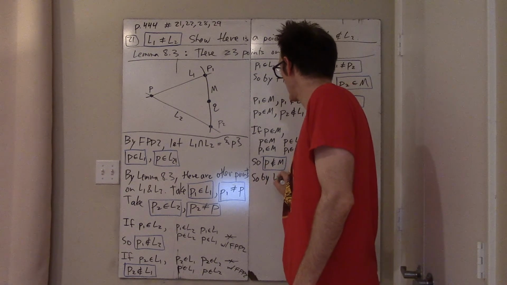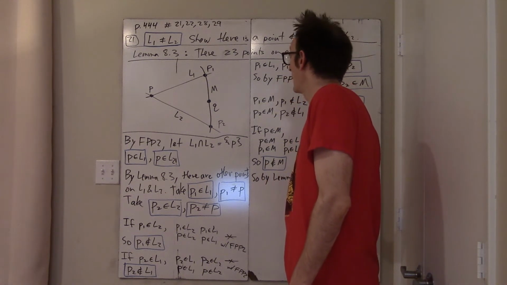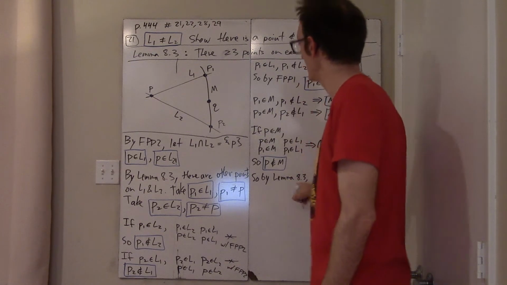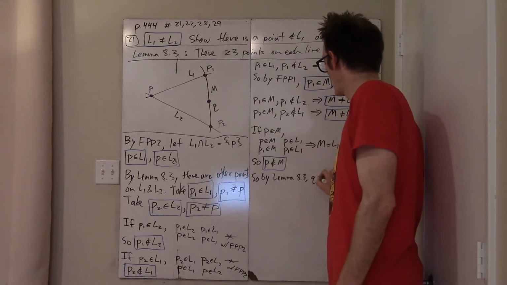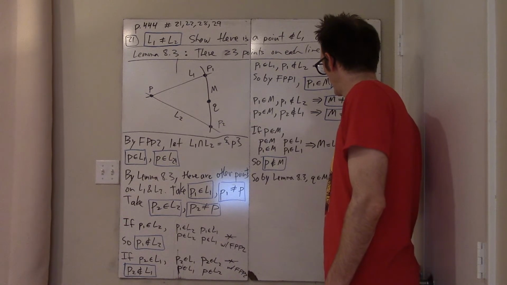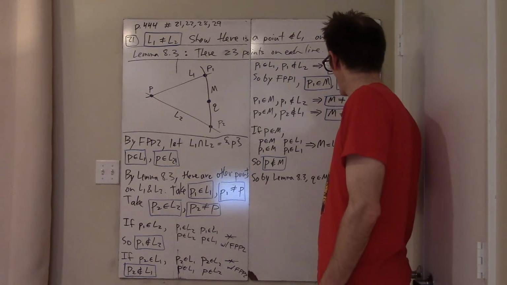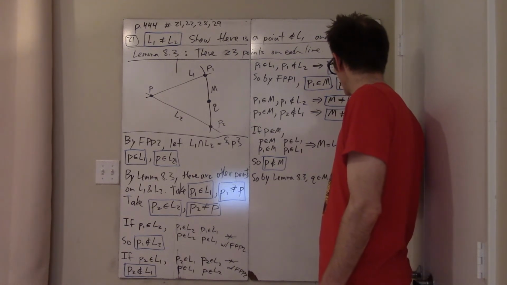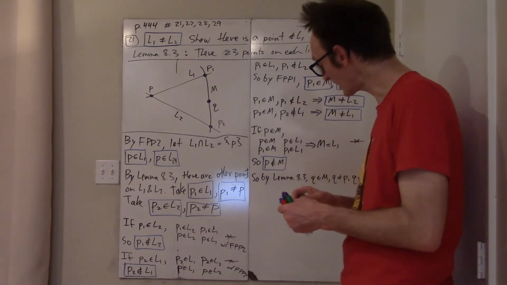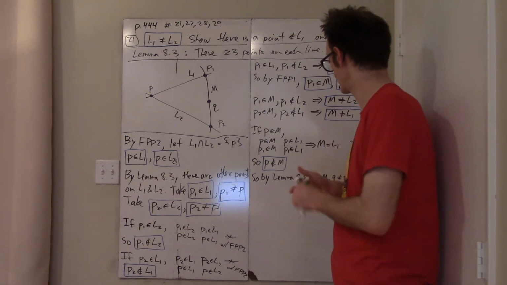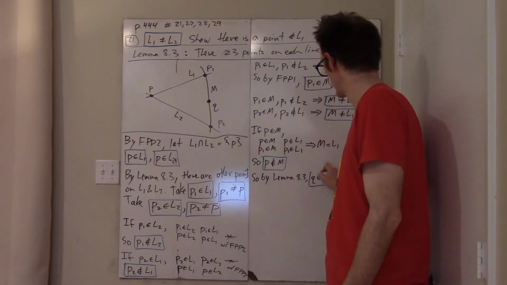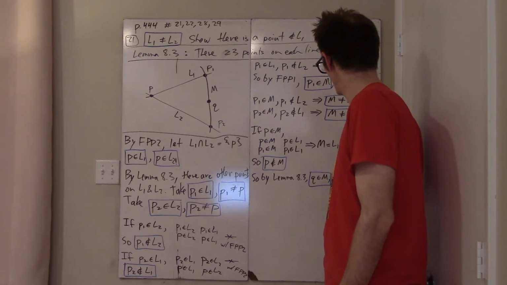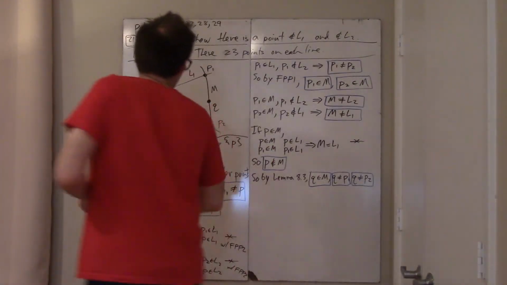By lemma 8.3 again, there's some point Q on M where Q is not P1 and Q is not P2. That's just by construction, that's what Q is. It's a third point on this new line M through P1 and P2.